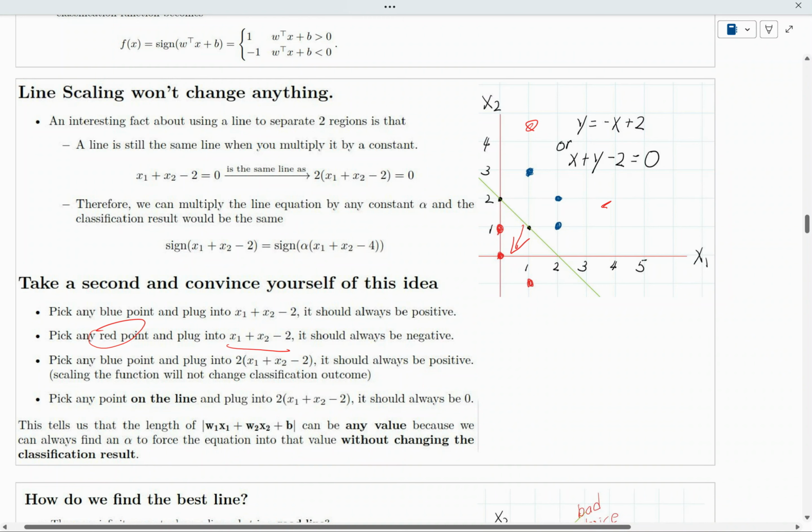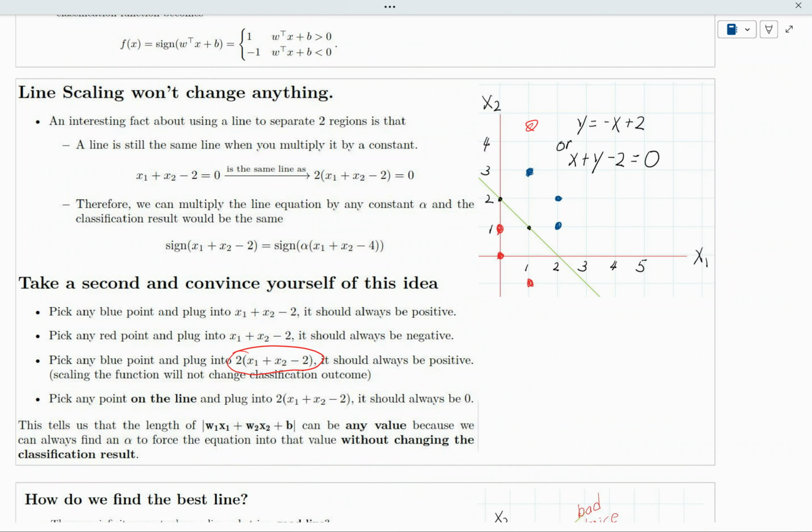That's important. You need to understand that you're going to get a positive or negative value depending on if it's above or below the line. And after that, you want to plug it into a constant 2 times the line. You will see that it doesn't matter: if you plug in any point that was above the line into 2 times the equation, it stays the same.